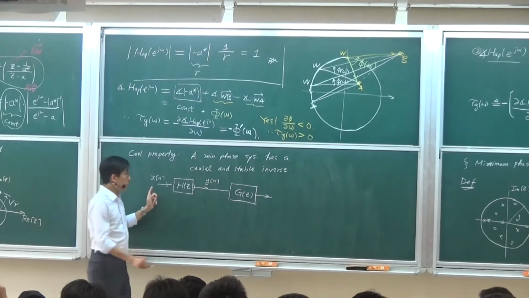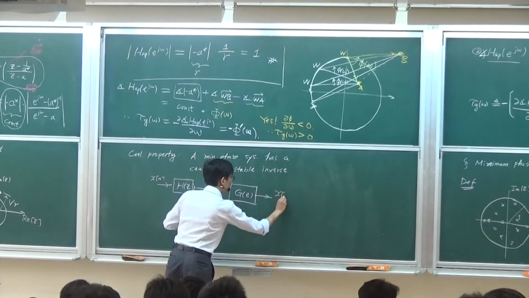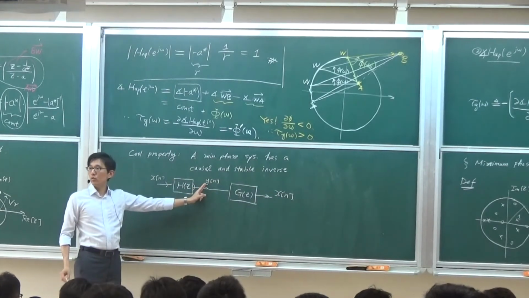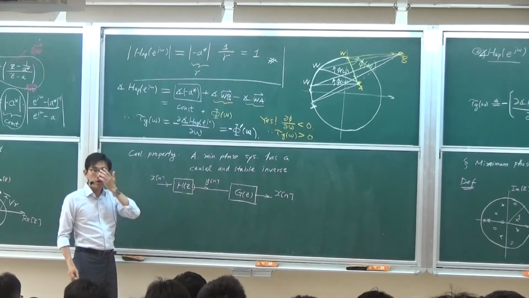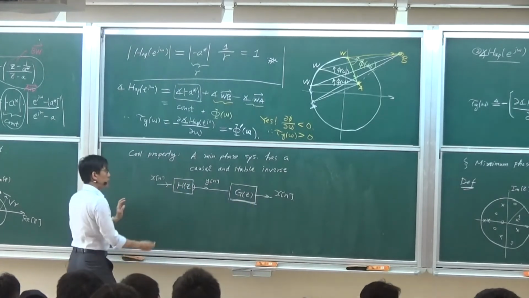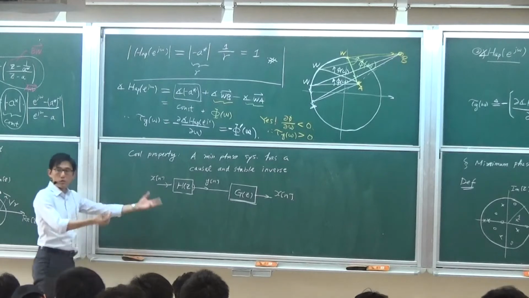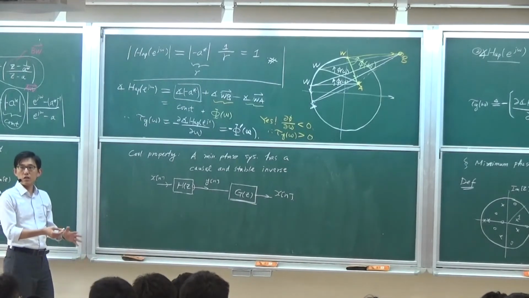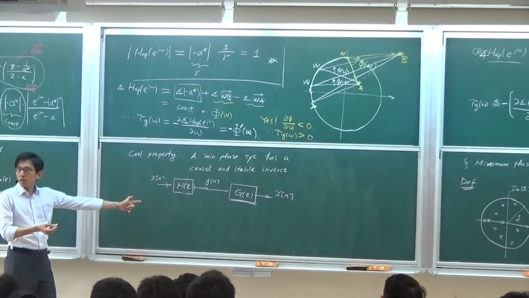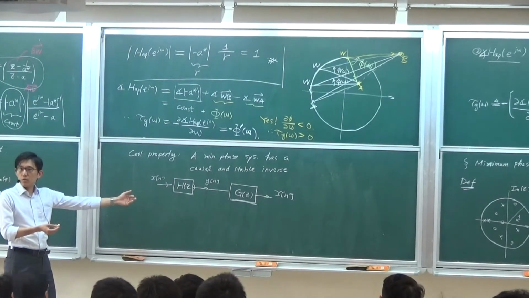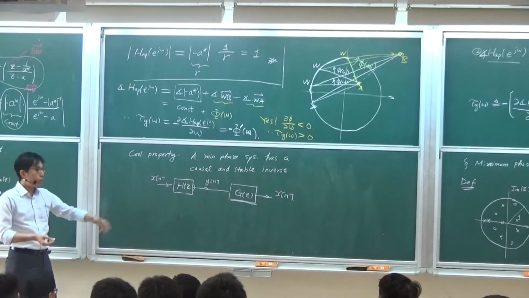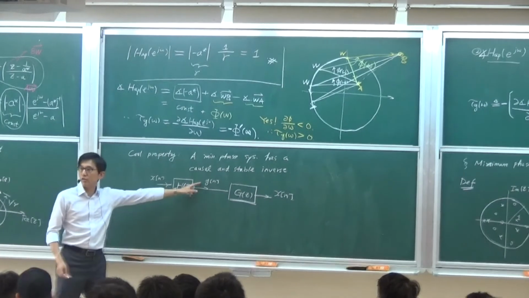So the input can be recovered after we receive the output. And in this regard, for the recovering system G of Z, the question is, what should the relation between G and H be? What is the requirement for us to recover X by receiving Y?